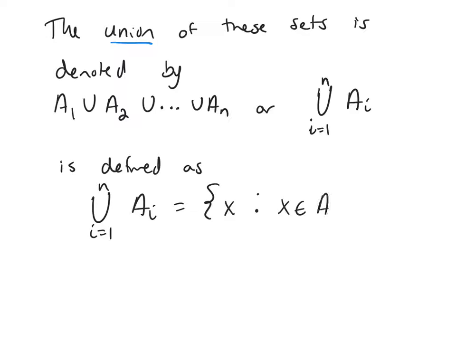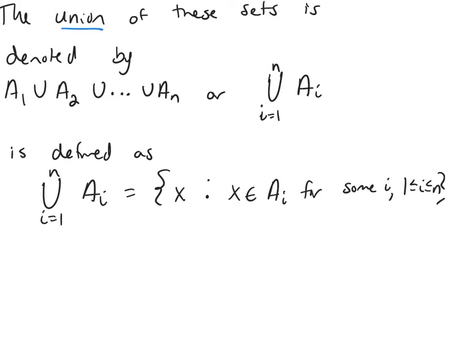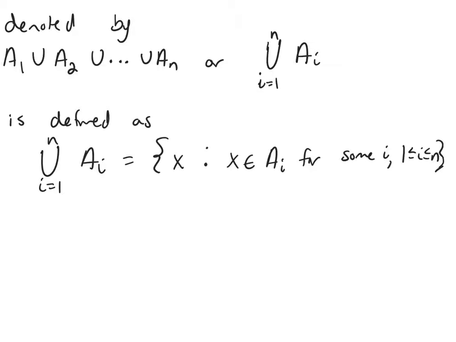So it needs to be in Ai for some i, where i is between 1 and n. So in order to belong to this union, elements must belong to one of these sets. So either A1 or A2 or A3 and so on.